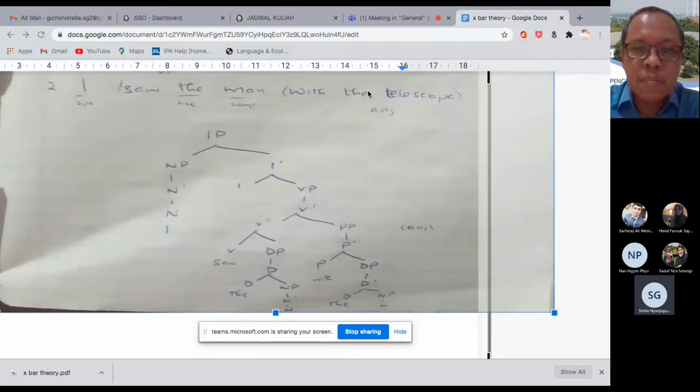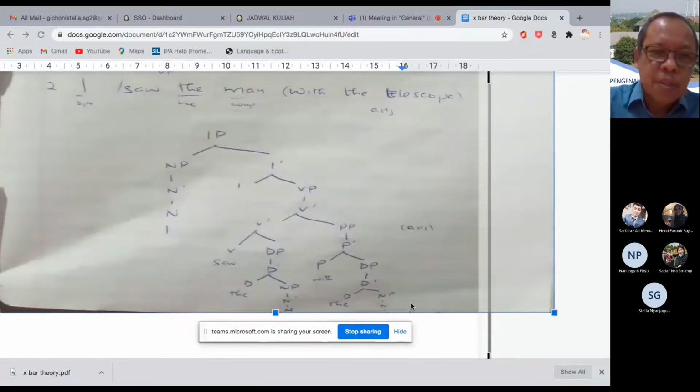Here comes the head, so it's our DP, our determiner phrase, which branches to the D bar, which becomes D, the. And we don't forget the telescope, which is our noun phrase, which branches to the N bar, and then branches to the N, which becomes the telescope. Yep. So I saw the one with the telescope.